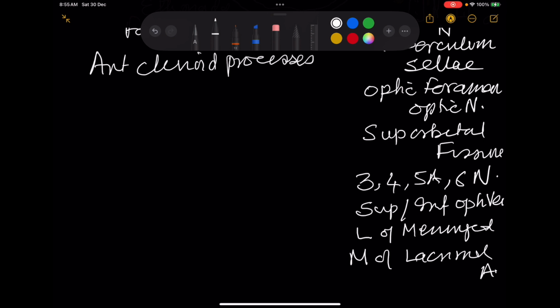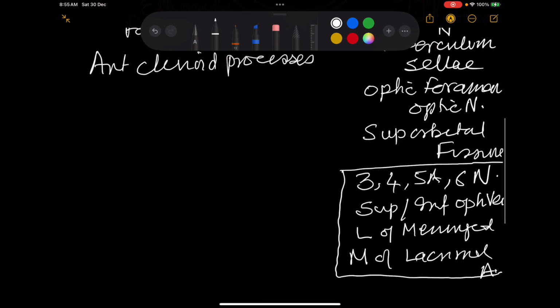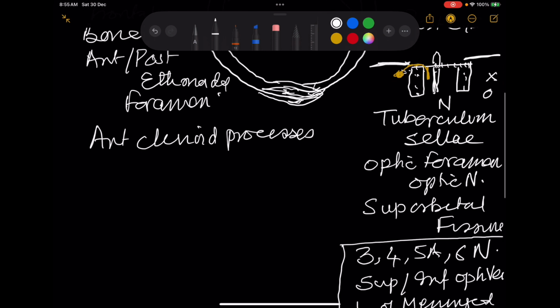So the superior orbital fissure passes, you can remember, the third, fourth, fifth, sixth nerves, superior and inferior ophthalmic veins, the lacrimal branch of meningeal and meningeal branch of lacrimal artery. You'll have to remember it this way.